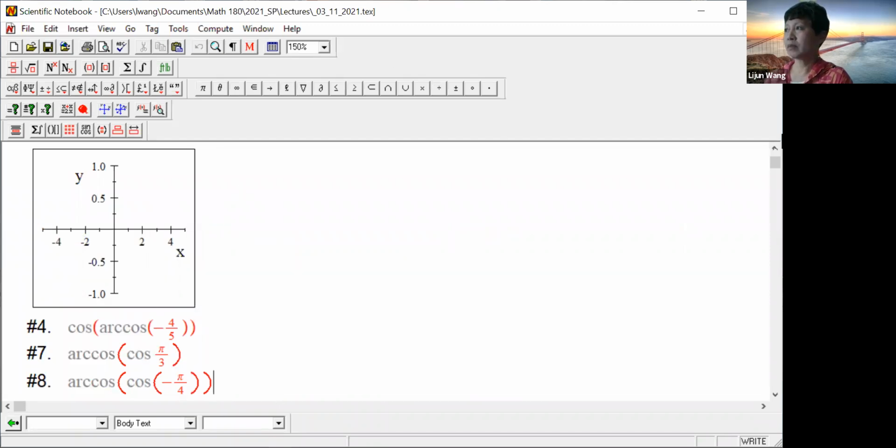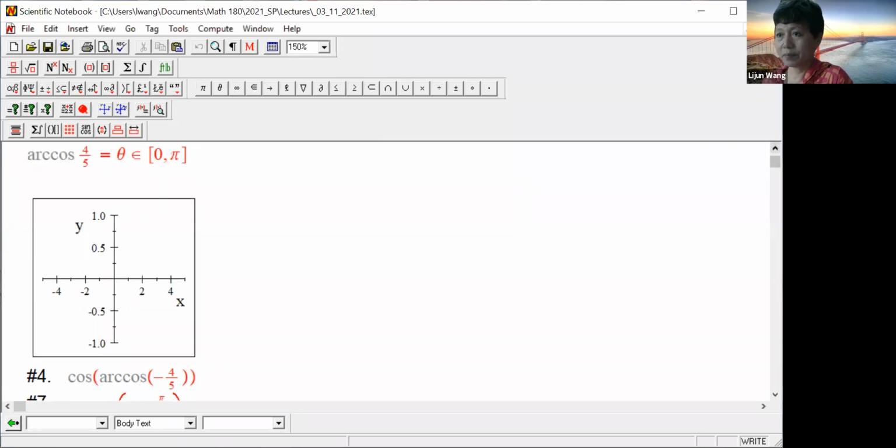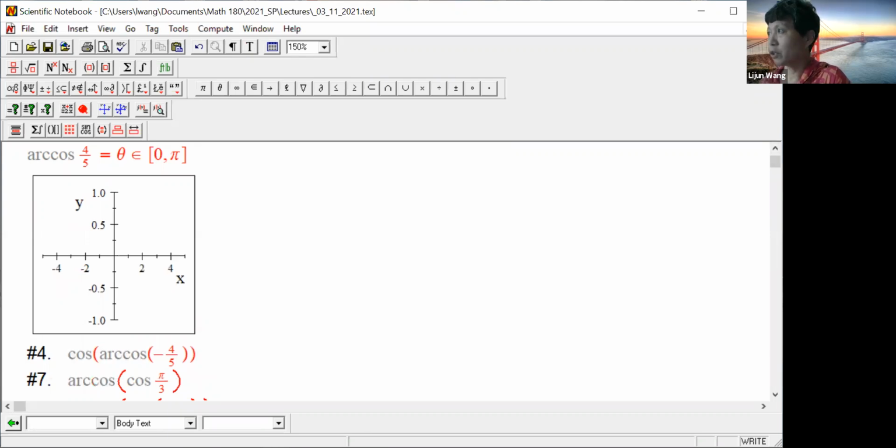And of course, your angle is measured from the standard position counterclockwise. That's the only way to measure the angles for arc cosine. And this ratio is positive, therefore your terminal side is going to be in the first quadrant.